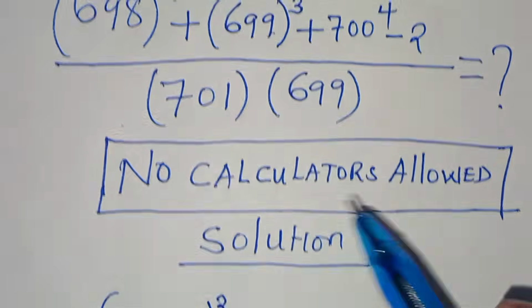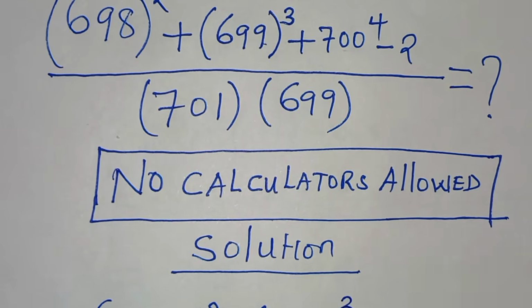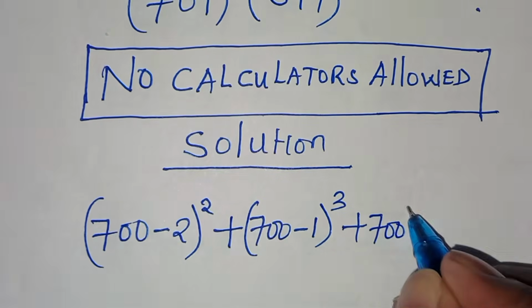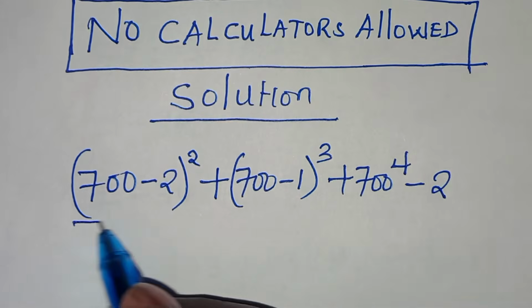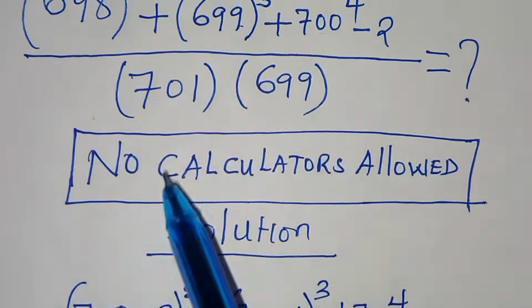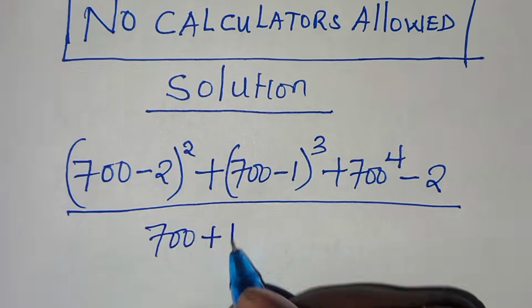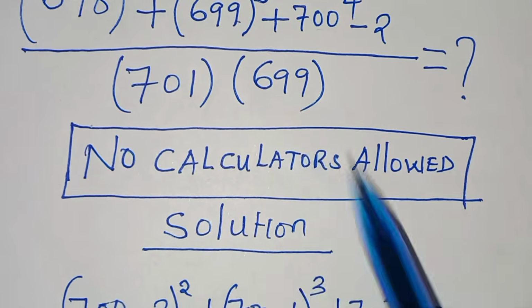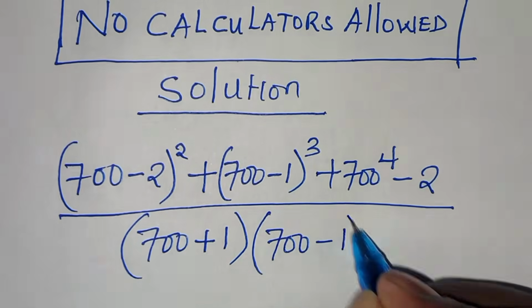This is the same thing as 700 subtract 1, everything here raised to the power of 3, then plus 700 raised to the power of 4, then subtract 2, everything here divided by 701, which we can express as 700 plus 1, multiplying by 699, which we can express as 700 subtract 1.